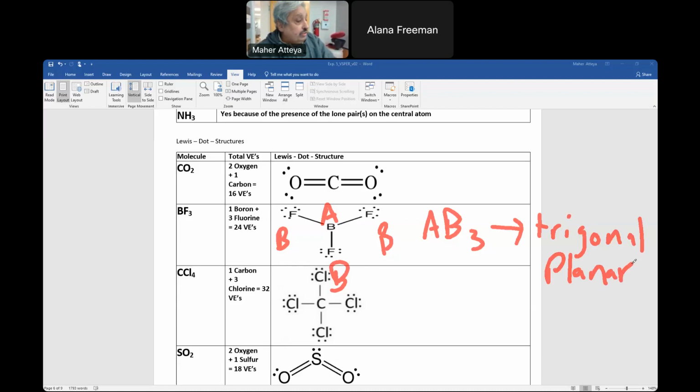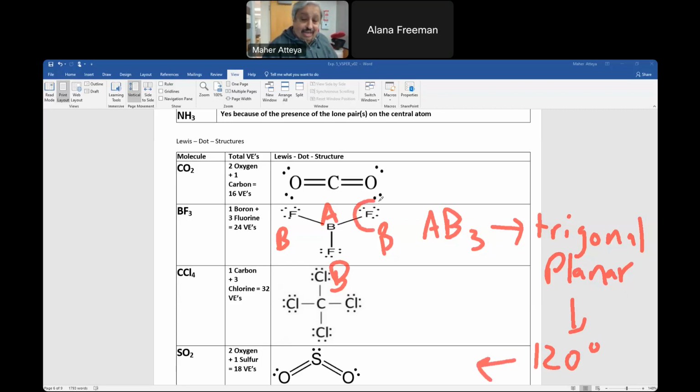So from the code, we have central atom A, three terminals at the edge, AB3, no lone pair on the central atom. So trigonal planar. The trigonal planar will give you, this is 120 degrees. Okay, guys, how much is it? 120 degrees. Now, is it polar or non-polar?